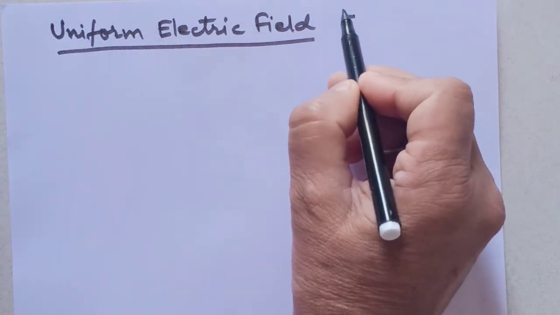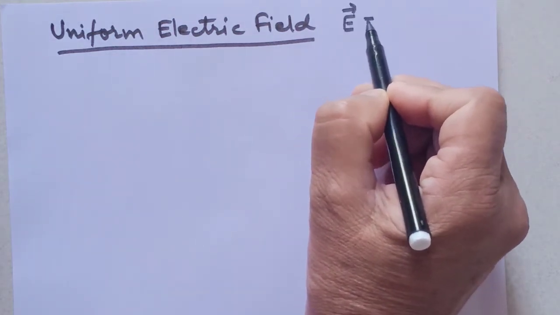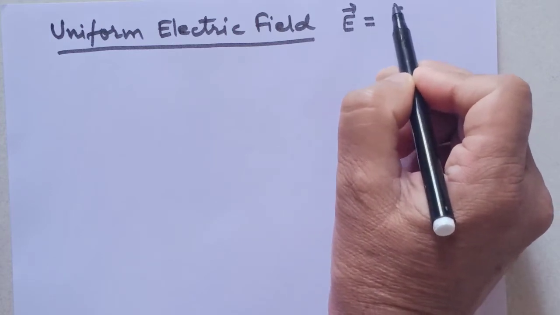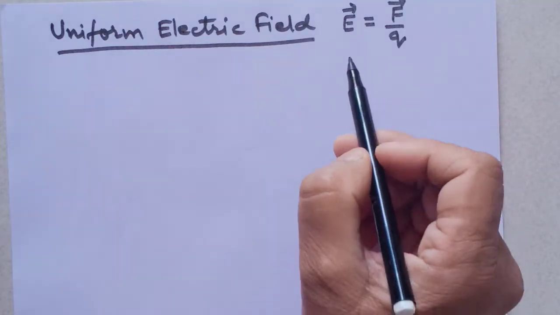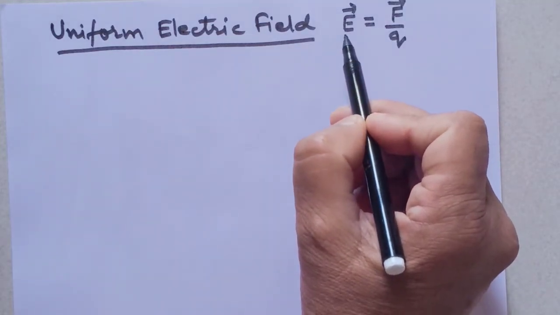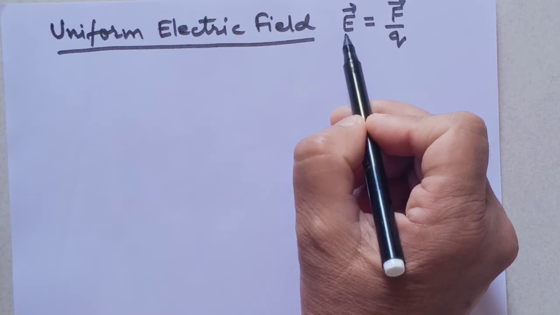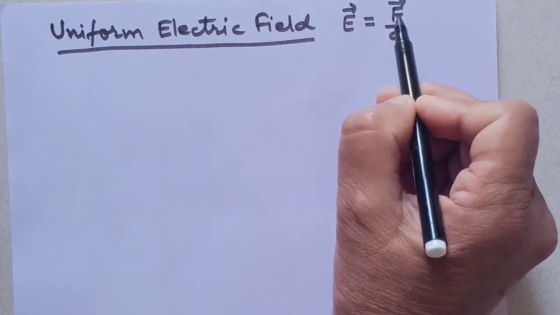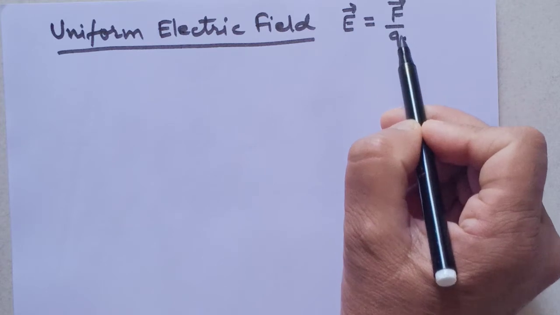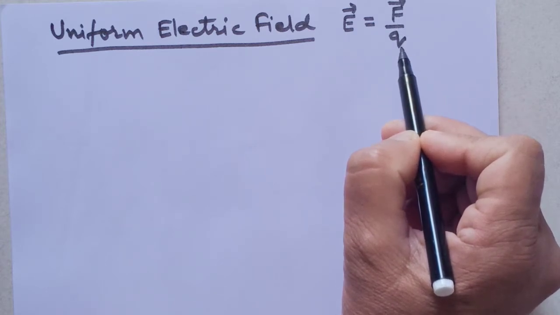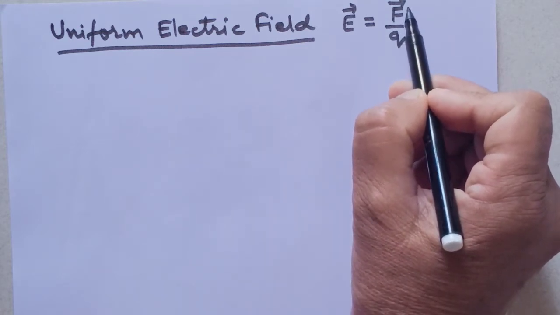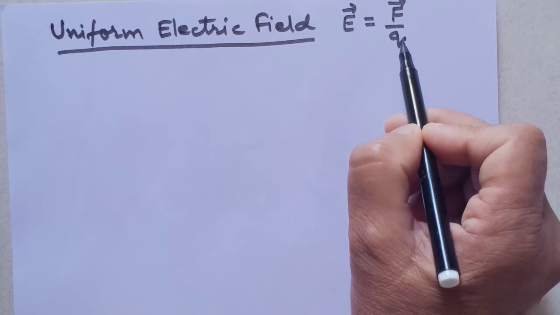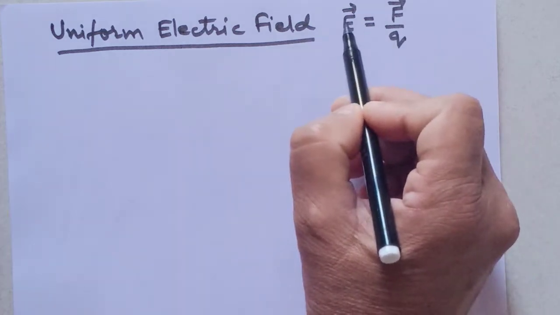Let its intensity be E, and recall that it is given by F upon Q. Now this electric field intensity is along the direction of the force, and this Q is the charge which is experiencing this force F, or the charge which is kept in the electric field.